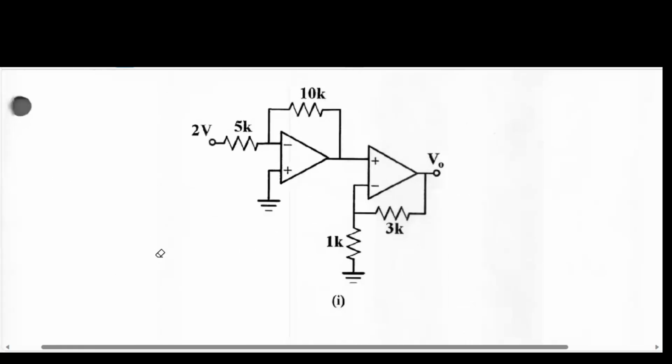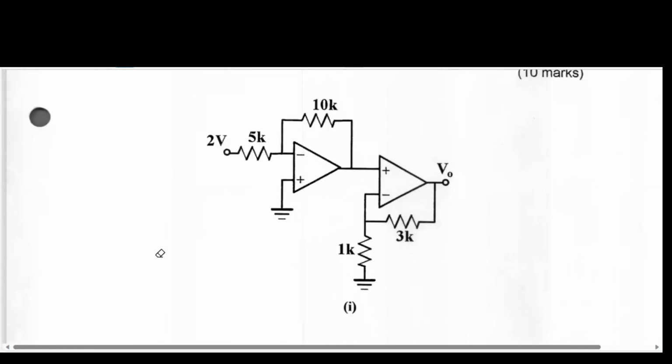Right, so let's do some questions. Watch carefully. I put a dot in the middle to separate it and draw a line, so I know there are two separate stages, and I label this one 1 and this one 2. I do one first, and the output of one is the input of the next one.